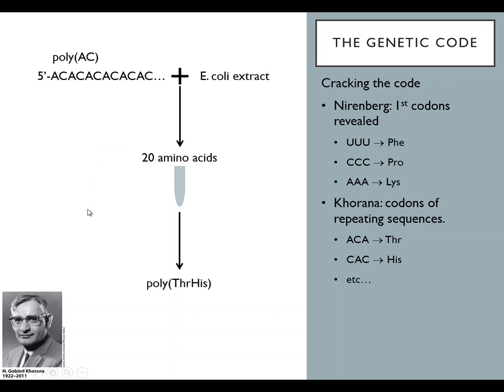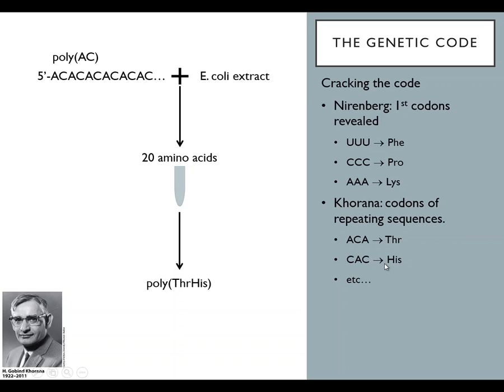And in this case, when they did this, they got a protein which consisted of just 2 amino acids, threonine and histidine. And because the threonine was the first one in that sequence, the codon for threonine must have been ACA, because that's the first 3 bases of this mRNA, whereas CAC, that's the second 3 bases of this mRNA sequence, must code for the amino acid histidine.